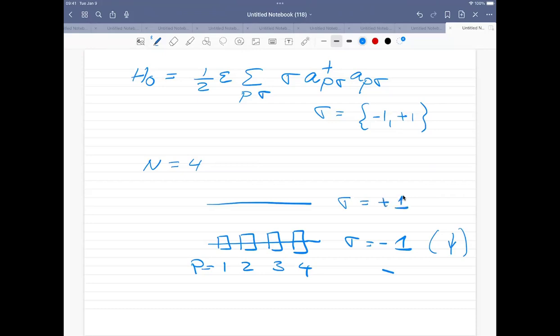So only 2 values. And then we are going to have new slots up here, which we could label as 5, 6, 7, 8. These slots indicate specific quantum numbers, which we don't need to specify now. If you have 4 particles, with n equal to 4, you could think of this as being a Slater determinant.